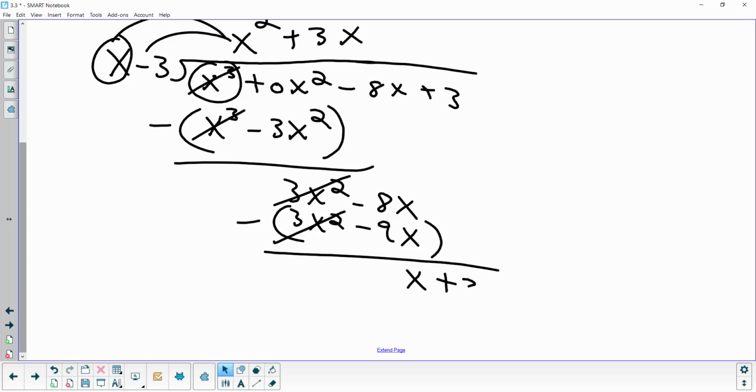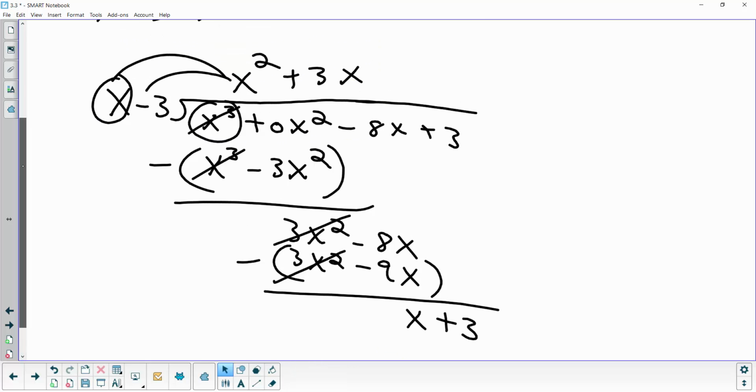So bring down the 3. And let's do it one more time. So Ethan, what do I get if I divide x into x? 1. If all they wanted was the quotient, we're done. The quotient in this problem is x squared plus 3x plus 1. If we want the remainder, we have to finish it off. So Chris, what's 1 times x?